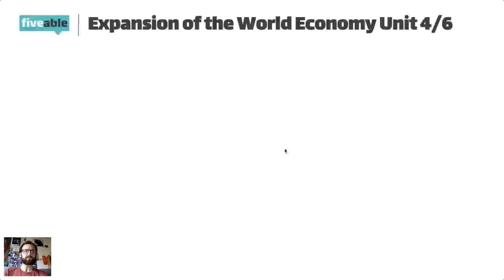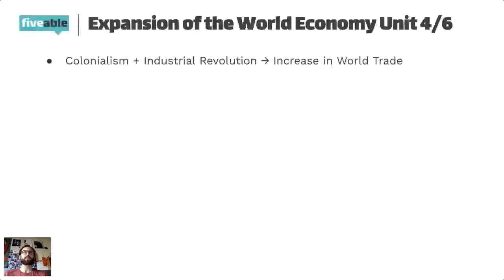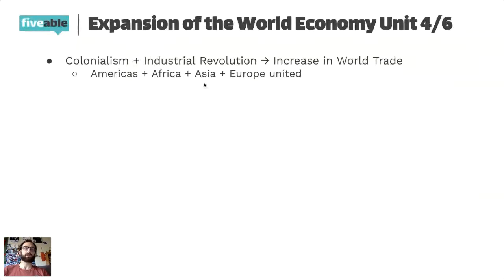So in units 4 and 5, although unit 5 doesn't really talk much about it, but also into unit 6, we see an increase in world trade. We see an explosion in global trade, and for the first time, almost all of the world, at least on the coasts, is united. Yeah, that's correct. 1841 to 1843, those are the Opium Wars.